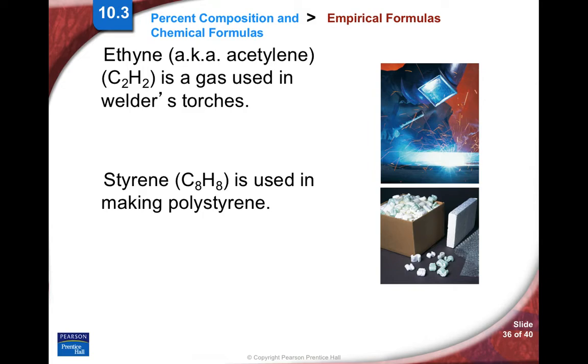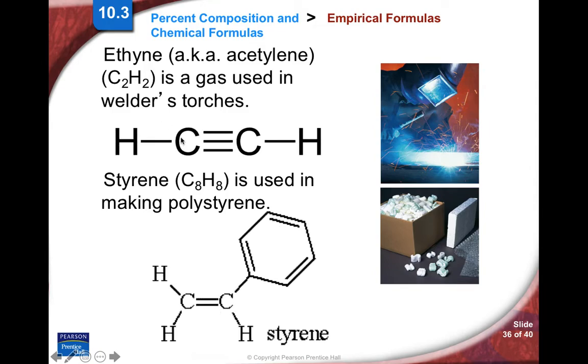Two examples, and you might be familiar with these compounds; if you don't know their exact formula, it doesn't matter. Acetylene gas is used in welding torches. Its proper name is ethine. Styrene, like polystyrene, polystyrofoam, they both have the same empirical formula.